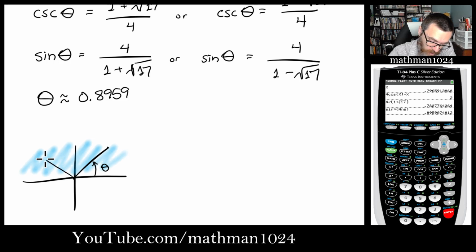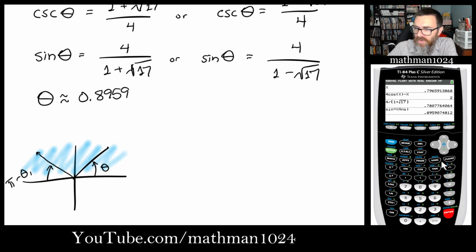But we know there's going to be a corresponding one over here. That one that's in quadrant 2 is going to be pi minus that first theta that we found, because you're going all the way over here and you're backing it up, that theta measure, because that ends up being a reference angle for us here.